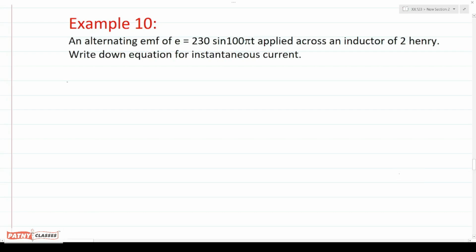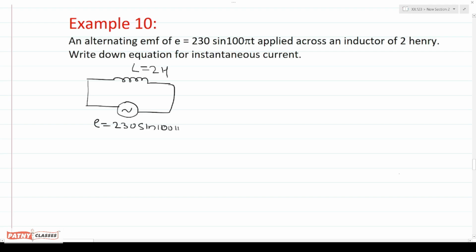Here it is a single inductor connected to AC supply. Inductance value is 2 Henry and supply EMF 230 sin 100 pi t. We have to find expression for current.